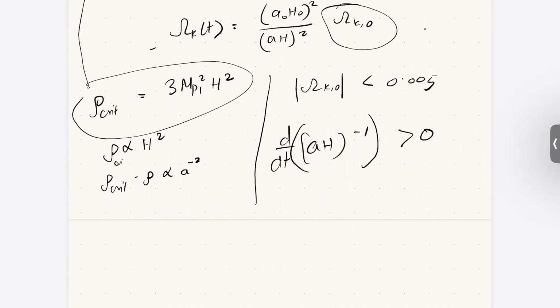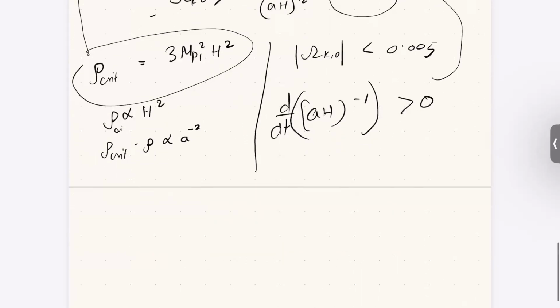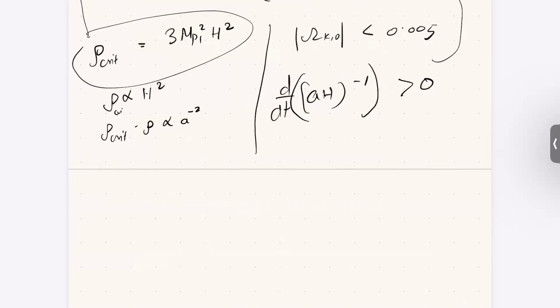So if this is increasing, then it would affect this expression over here, and I would see that indeed if the curvature contribution is 0.005 today, it must have been much, much smaller before, right? So in that case, the universe started out flat. But how? What were the initial conditions that led to such flatness of the universe? You could think, okay, the universe is expanding, maybe some physical mechanism led to the flatness today. But from this perspective, we see that the universe started out flat. Why? Right? So that is the flatness problem.